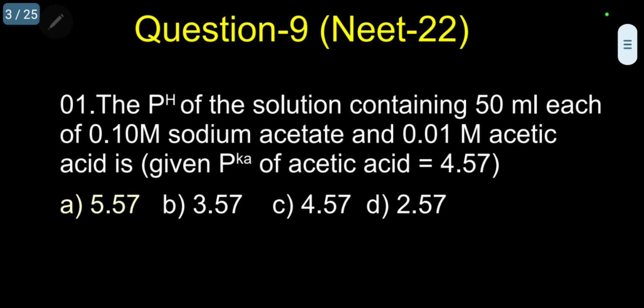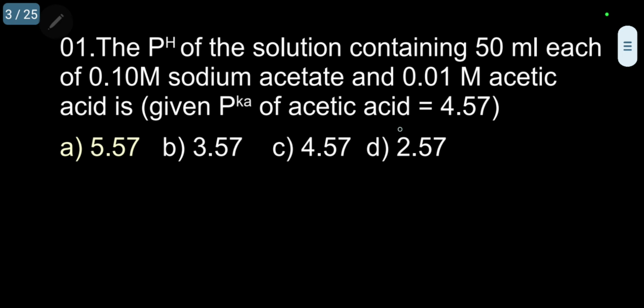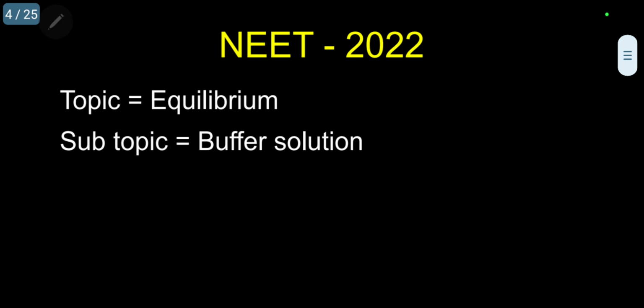Options are A 5.57, B 3.57, C 4.57 and D 2.57. This question is asked under equilibrium, specifically buffer solutions, so we have to apply the Henderson equation.